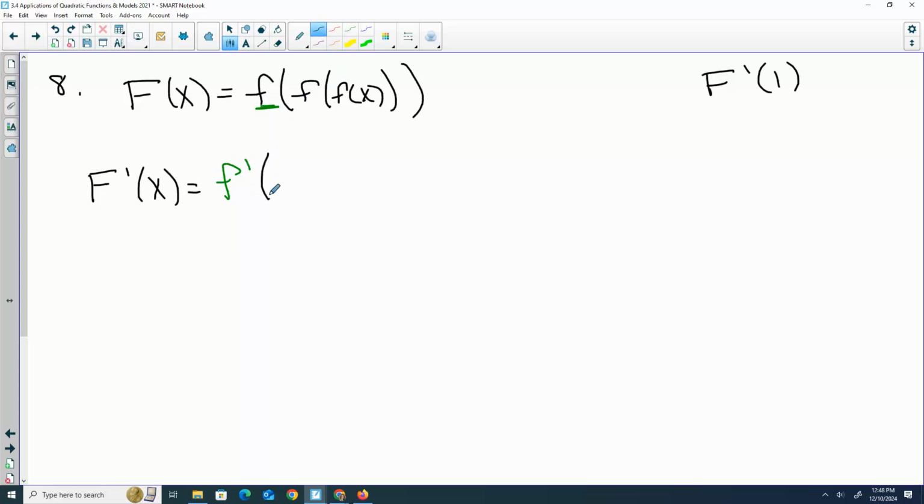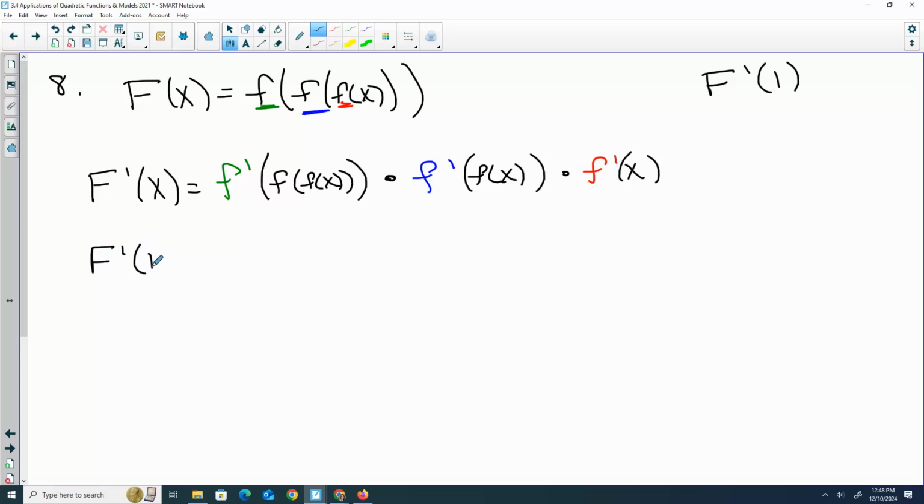This is chain rule, so the inside stays the same. Times, then we work our way in. Derivative of the next one is f prime. The inside stays the same. Times, work your way in. Derivative of the next one is f prime. Inside stays the same. If you kept going, what's the derivative of x? 1. So it'd just be multiplying by 1, so it doesn't change anything.